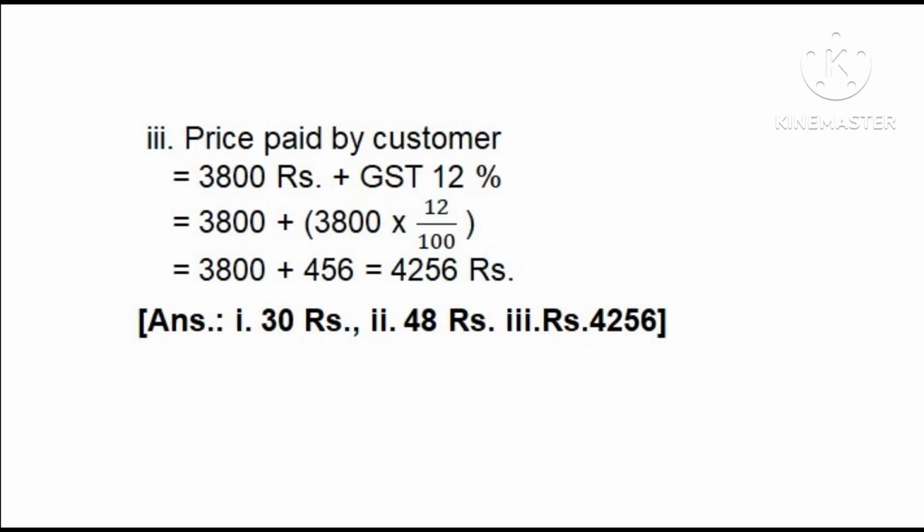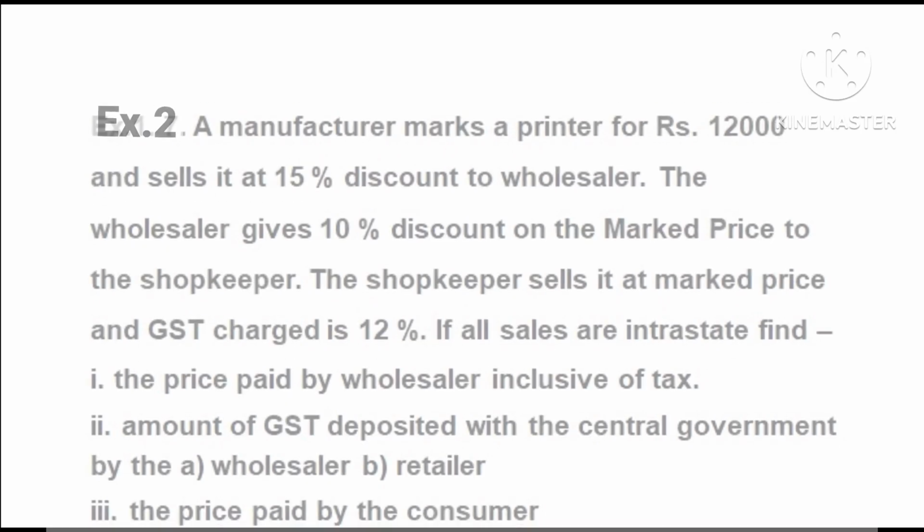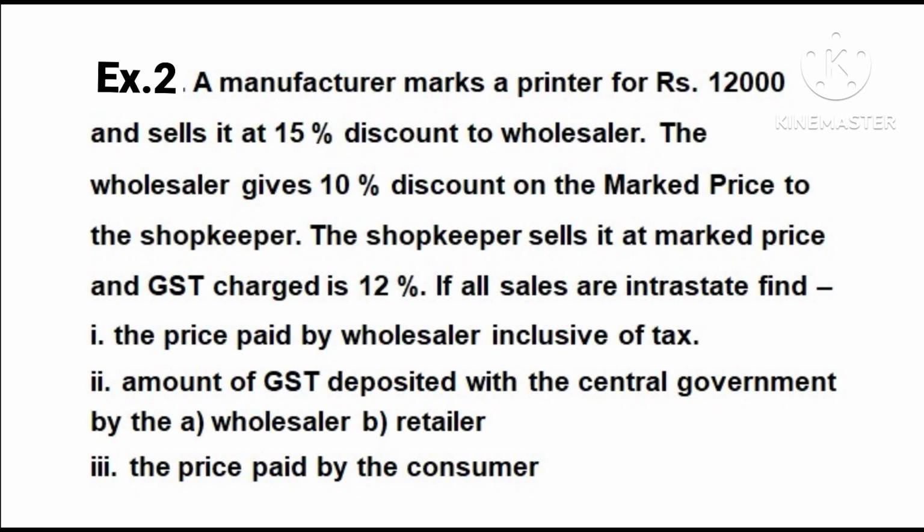4,256 rupees. Example 2. A manufacturer marks a printer for 12,000 rupees and sells it at 15% discount to a wholesaler. The wholesaler gives 10% discount on the marked price to the shopkeeper. The shopkeeper sells it at marked price and GST charged is 12%. If all sales are intrastate, find 1.